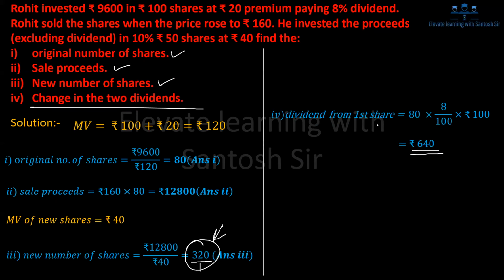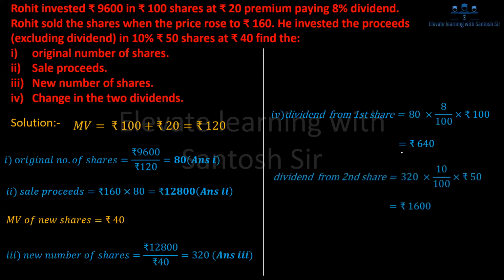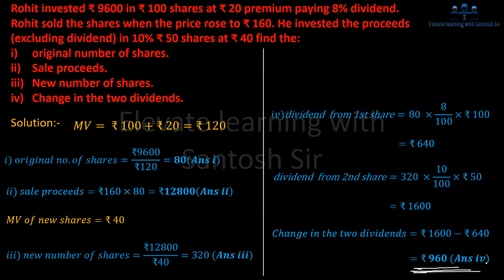So income from the first share is rupees 640, or dividend from the first share is rupees 640. Let's proceed. Dividend from the second share we can calculate in the same way. We have 600. So the change in his two dividends can be calculated by subtracting, and we get the change in dividend as rupees 960.